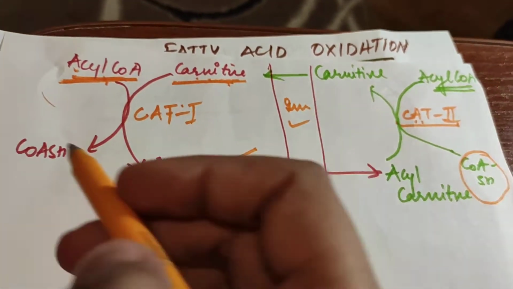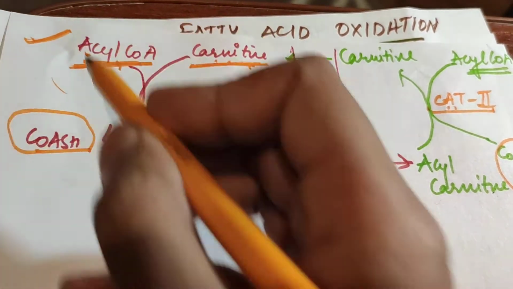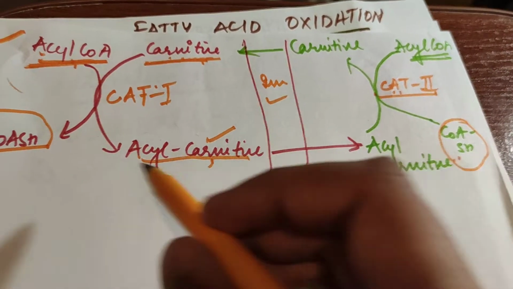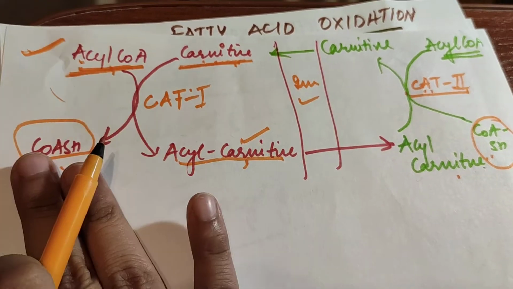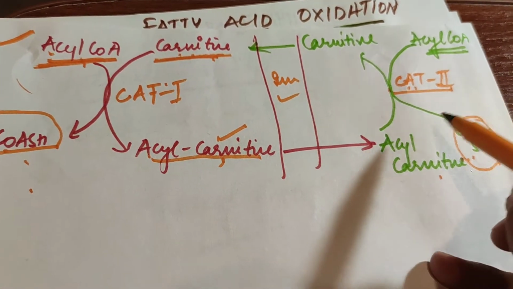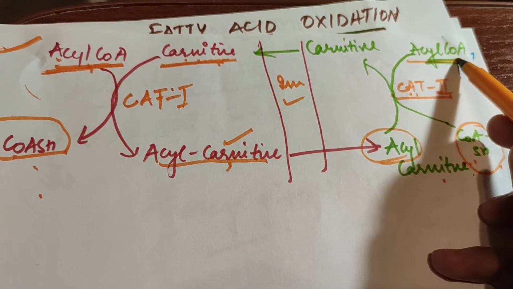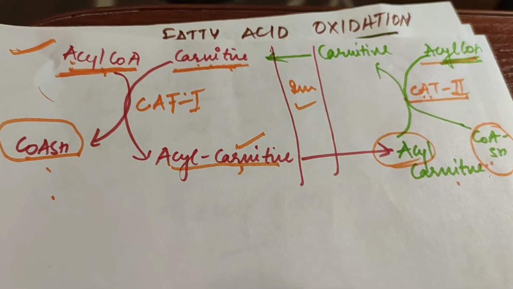Now this is very important. The coenzyme A which was part of the acyl coenzyme A is lost over here, and these two coenzyme A's are different: one is present inside and one is outside. This inside coenzyme A then again binds with acyl and forms acyl coenzyme A. Now acyl coenzyme A is inside the matrix, inside the mitochondria.